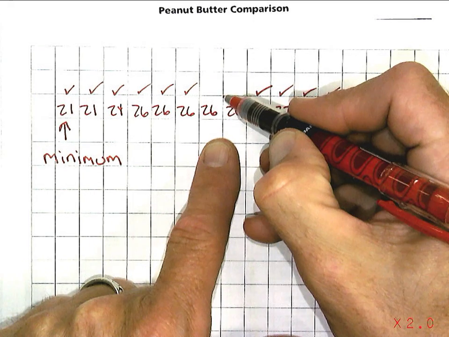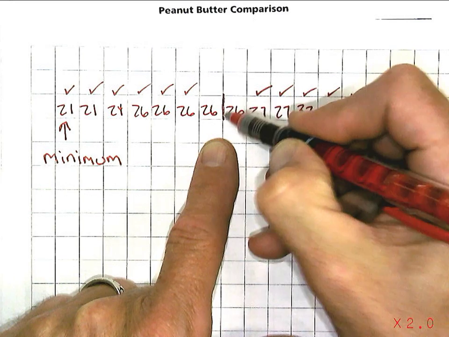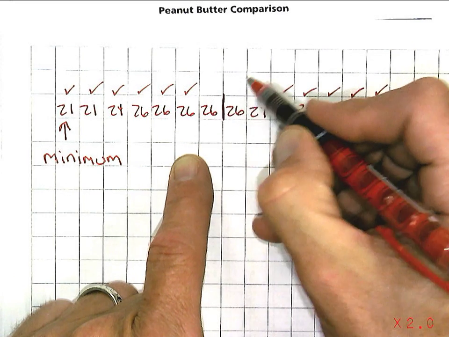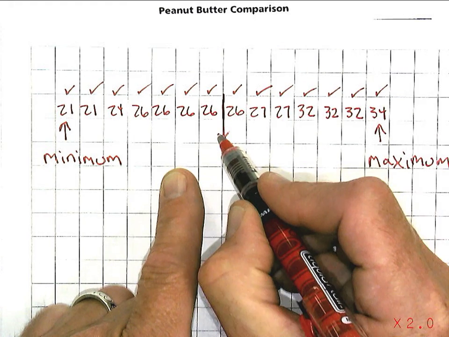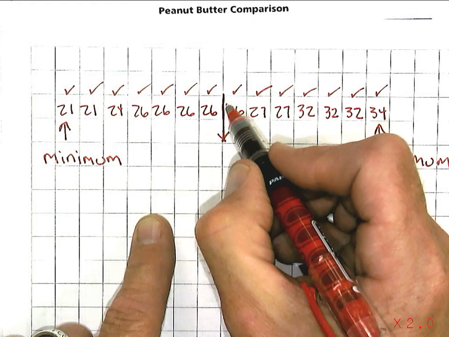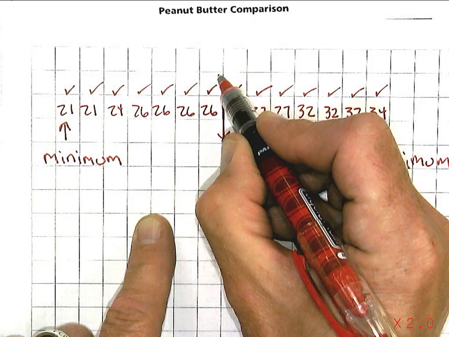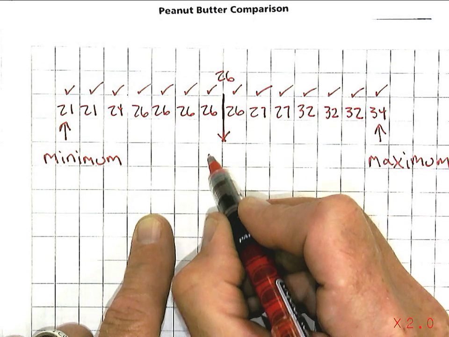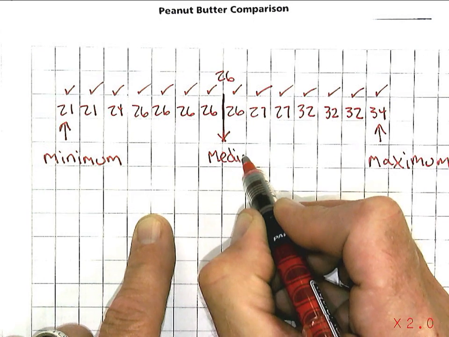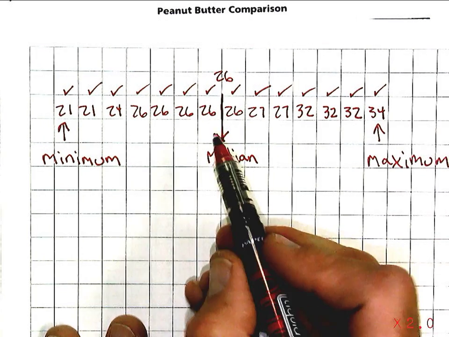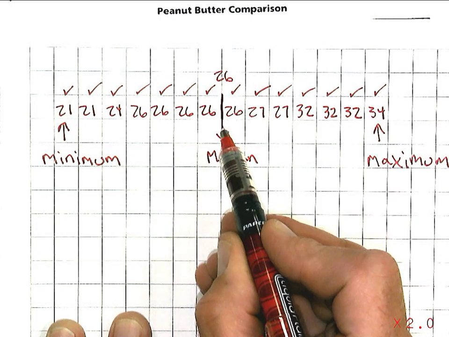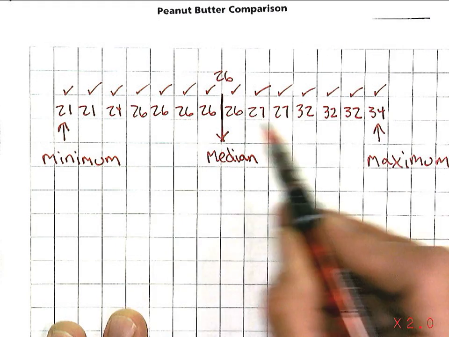So that means the middle is right there between those two, and since they're both the same number, the very middle of that set, that number 26, is what we call the median. So it's the middle number in the data set, and in this case there is no middle number because there's an even number in the data set.